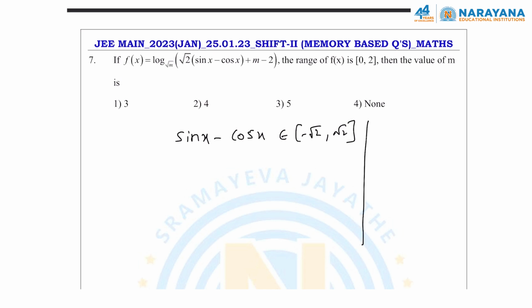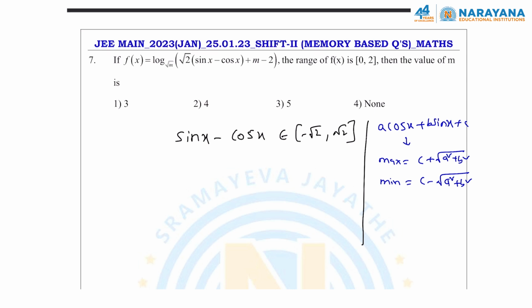Because we know that if we have a cos x plus b sin x plus c, the range of this will be: the maximum value will be c plus square root of a square plus b square, and the minimum value will be c minus square root of a square plus b square. Now from this I can say sin x minus cos x belongs to minus root 2 to root 2.